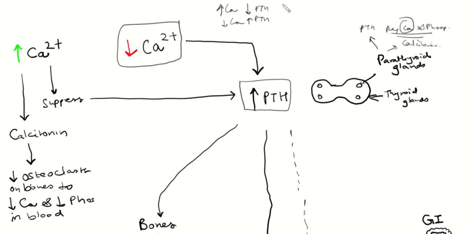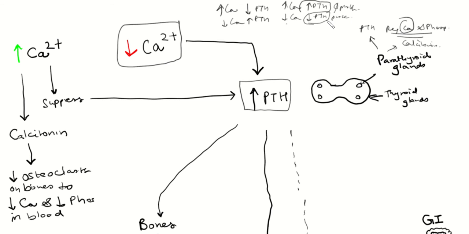Okay? So if your calcium is high and your parathyroid is high, that's a problem. If you have low calcium and low parathyroid, that's a problem. And the problem is actually a problem of the parathyroids. Because what are you expecting?